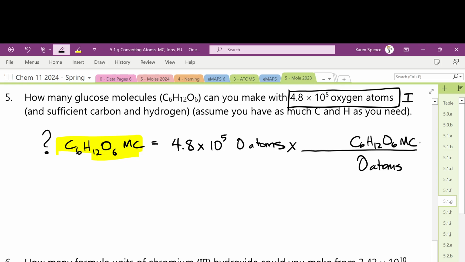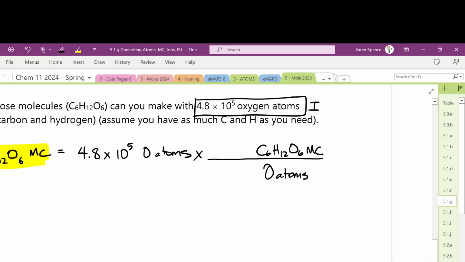And what is the ratio between C6H12O6 and O atoms?